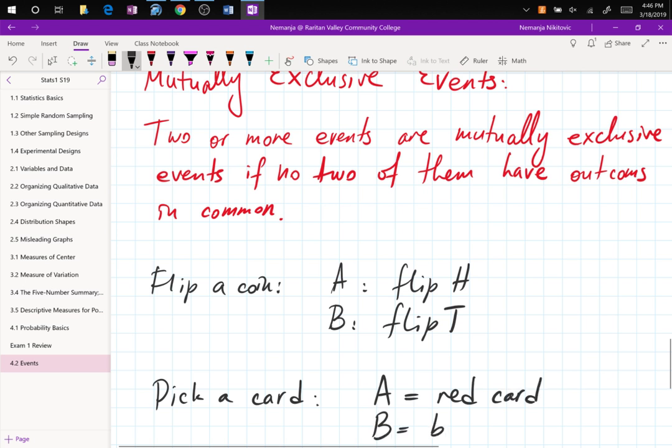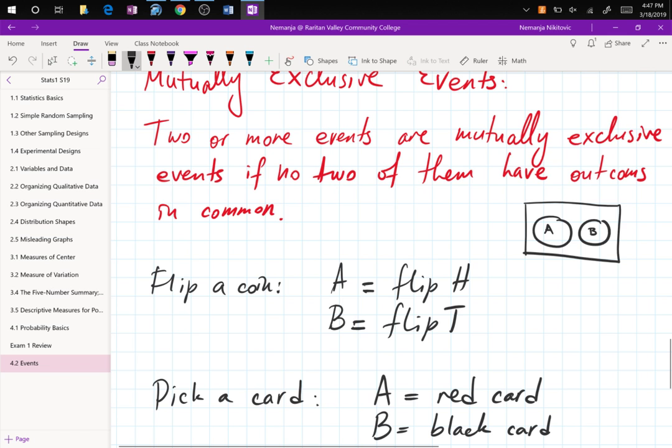Event B, black card. So for these mutually exclusive events, the Venn diagram would be two completely disjoint events like this. So A and B, and they have nothing in common. So they're disjoint, so it's raining or not raining. You can't have raining and not raining at the same time.